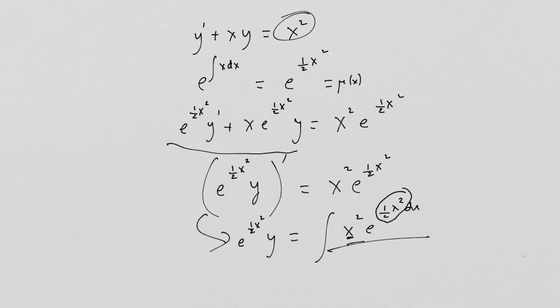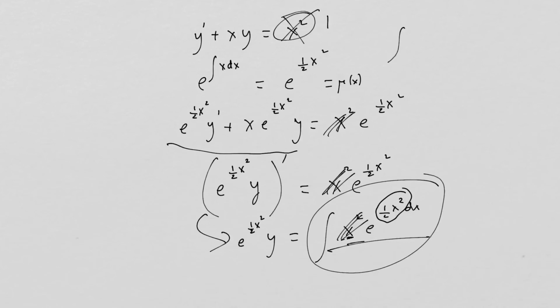But in fact, even if I had one, you wouldn't have x squared, right? And this is not easy. I mean, it's doable. I don't know if you remember from calculus. You have to use polar coordinates here.